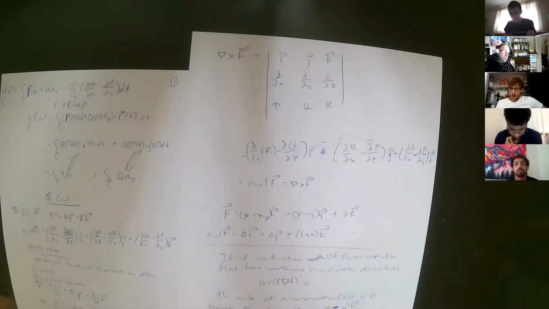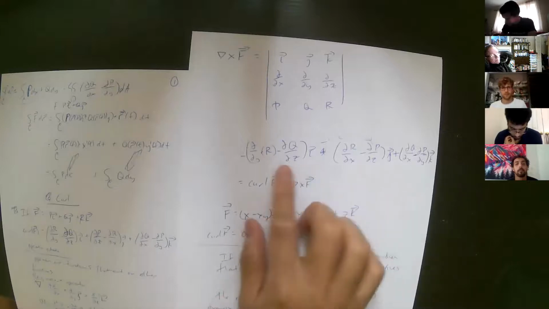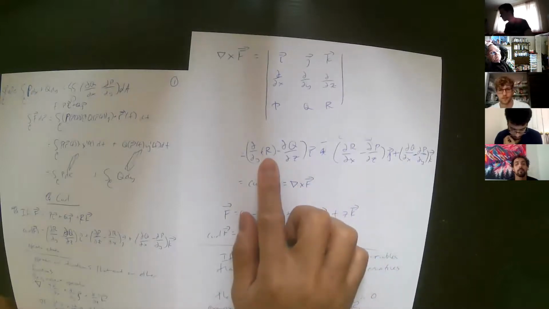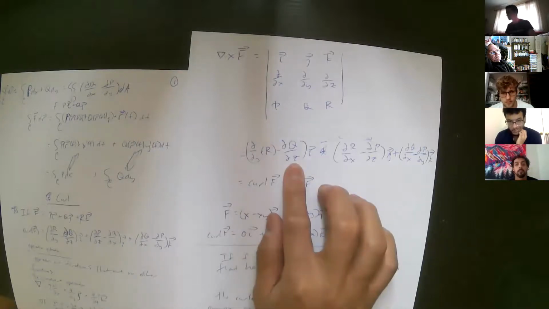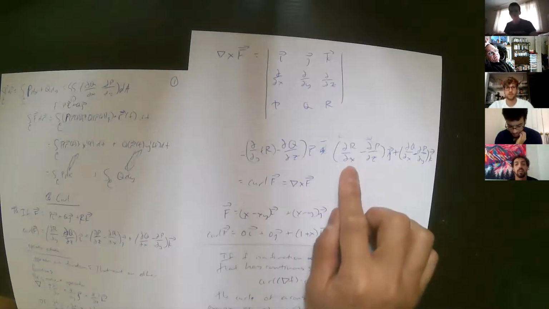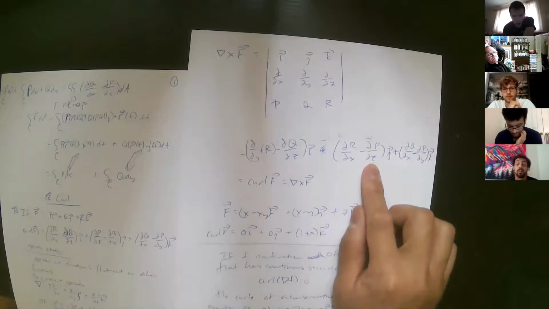if we want, so that's a good segue into this. So let's say I have a vector field in 2 dimensions, right? So this doesn't exist because there's no R function. We can think of R being 0, right? Okay. So this is 0. This is also 0 because there's no Z variable, right? This is 0 because there's no R. This is 0 because there's no Z variable.